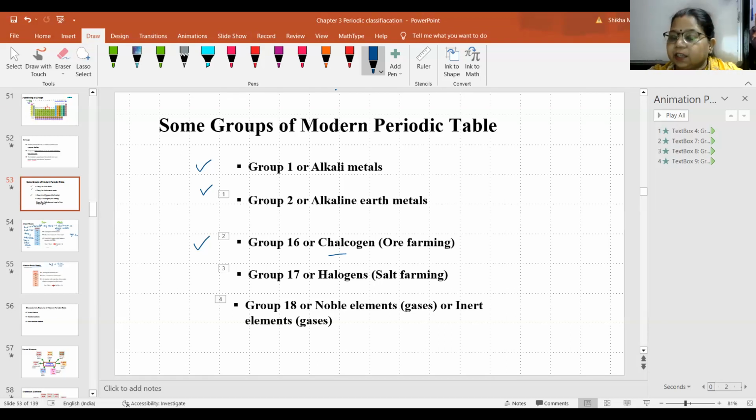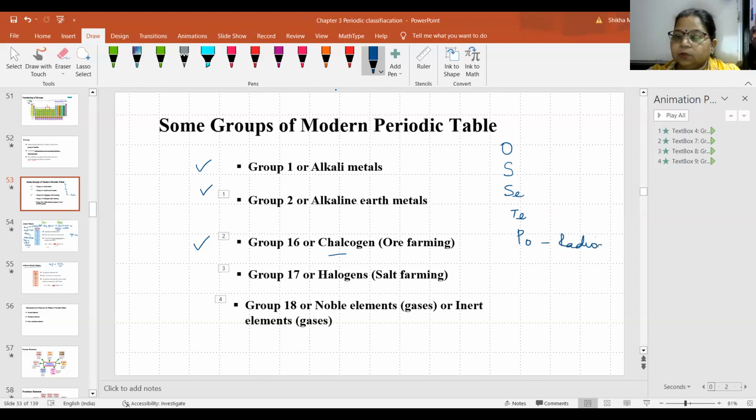Group 16, can somebody name all the elements? Beginning with oxygen, then we have oxygen, sulfur, selenium, tellurium, and polonium. Polonium is radioactive.